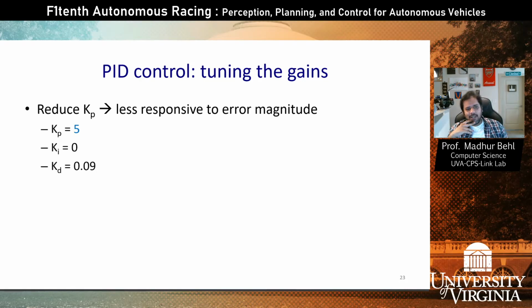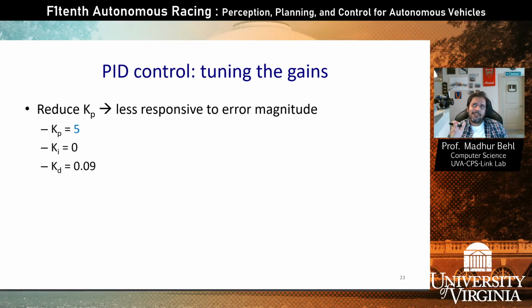And if you think about it, what was the role of the proportionality gain? It was getting multiplied by the value of the error itself. So you can think of KP, or the proportionality gain, as the parameter of your controller which governs how sensitive you are to the value of the error itself, because it's getting multiplied by that.